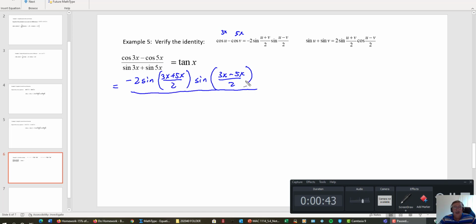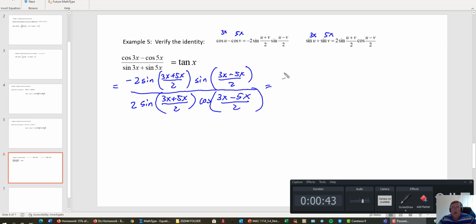And all over, you've got the sine of 3x plus the sine of 5x. In the sum formula here, I'm going to write this as a product. I'll put 3x in for u and 5x in for v. This will give us 2 times the sine of (3x plus 5x) over 2, times the cosine of (3x minus 5x) over 2.